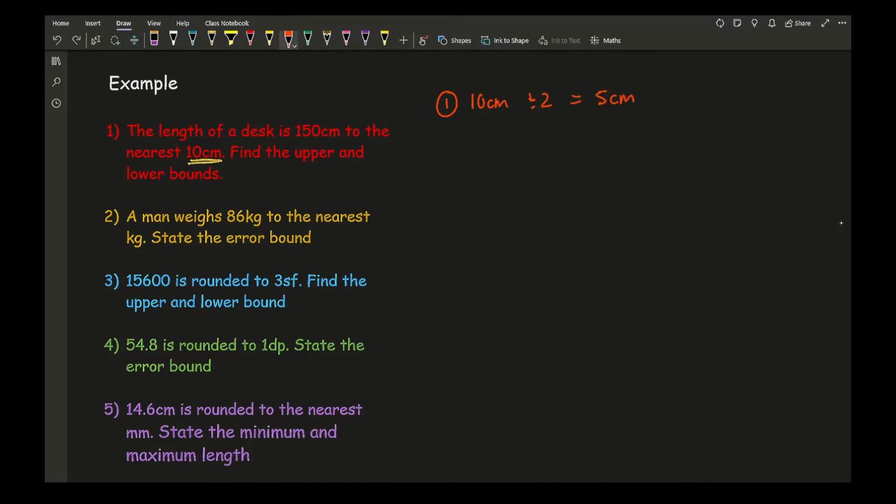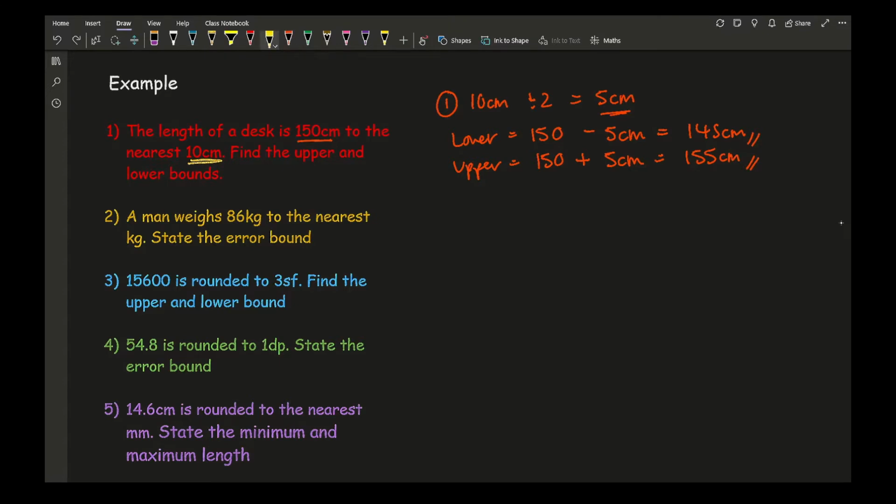For the lower bound, I look at the original number, which is 150, and take away 5 centimeters, which gives me 145 centimeters. For the upper bound, I get the original number, 150, and add the answer from dividing by 2, which is 5, so that gives me 155 centimeters, and there are my upper and lower bounds.